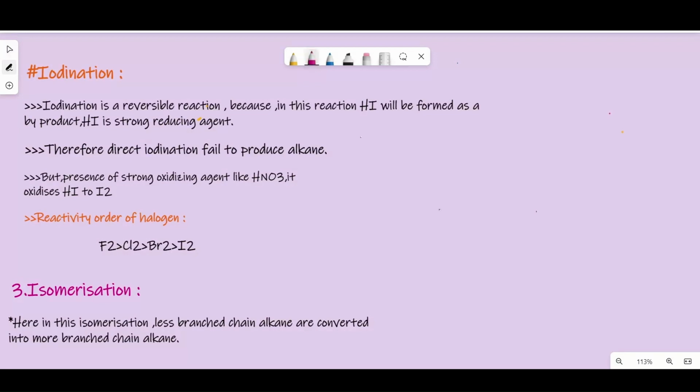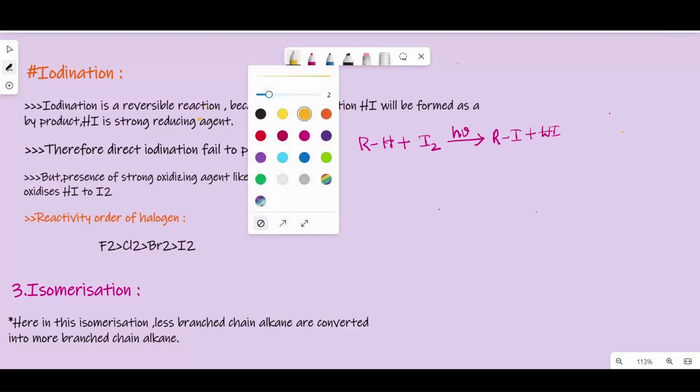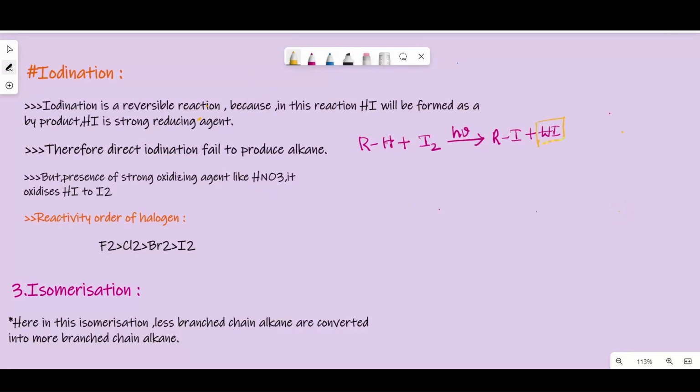Let's take one alkane, RH, in the presence of I2 and h nu. Generally you will get RI plus HI. But this HI is a strong reducing agent.